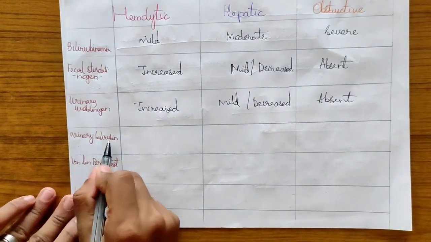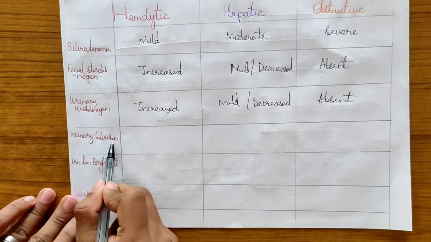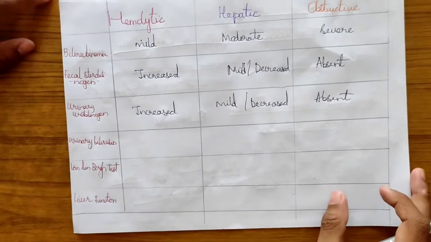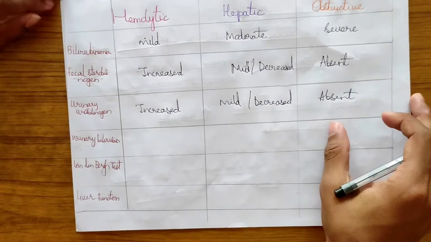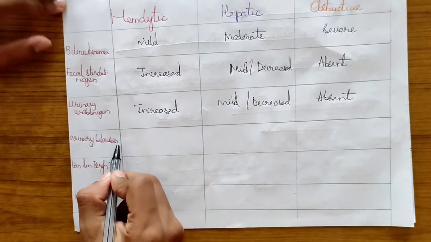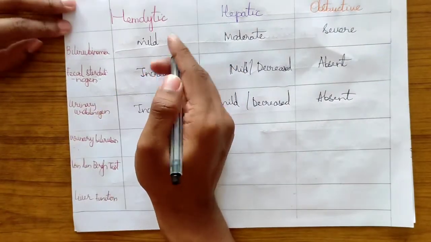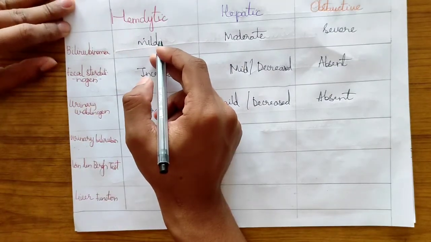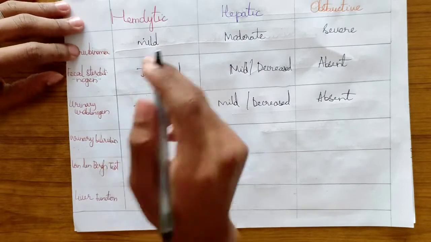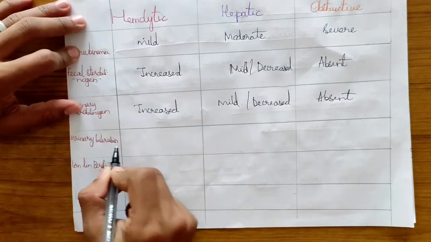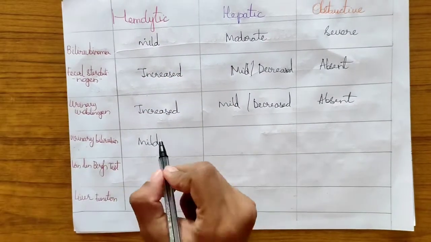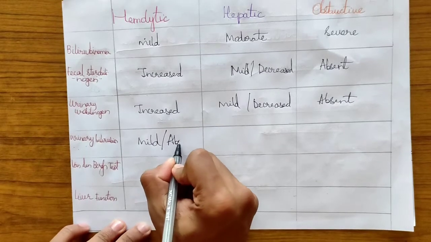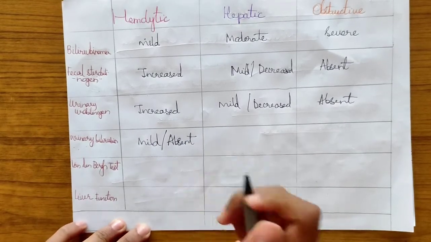Now urinary bilirubin. Urinary bilirubin is caused by excess of unconjugated bilirubin in the bloodstream. In hemolytic jaundice there will not be much unconjugated bilirubin. There will be excess of conjugated bilirubin, but the unconjugated bilirubin will be less. So urinary bilirubin will be mild in hemolytic jaundice or even absent in most cases.